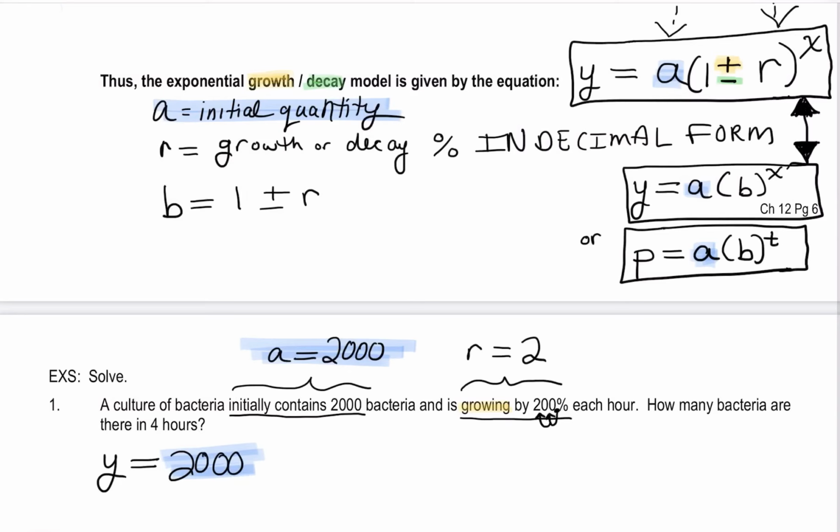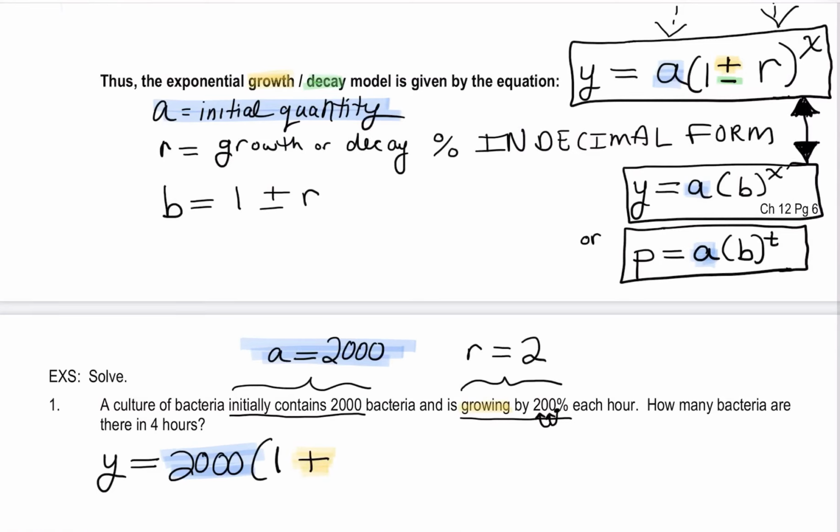And then whether or not I'm asked in terms of a 1 plus or minus R, or the B, if I need the B, I have to figure out the B by doing 1 plus or minus R. So we start with the 1. This is growth, and in a growth situation, that is when we have that addition.